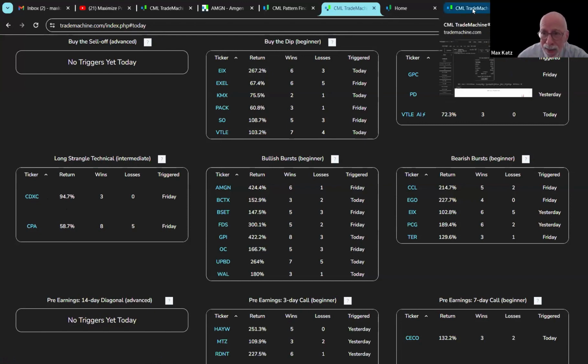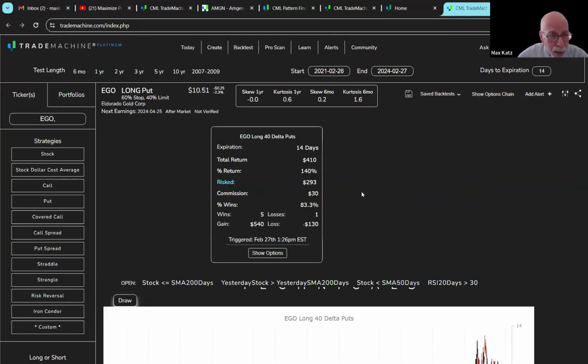And here's an example of that, back to the bearish burst. You'll see that the opening technical conditions are the stock has gone below the SMA 200. Yesterday it was above. The stock is also below the SMA 50. And we want to make sure it's not oversold yet, so we have this RSI 20 is still above 30.